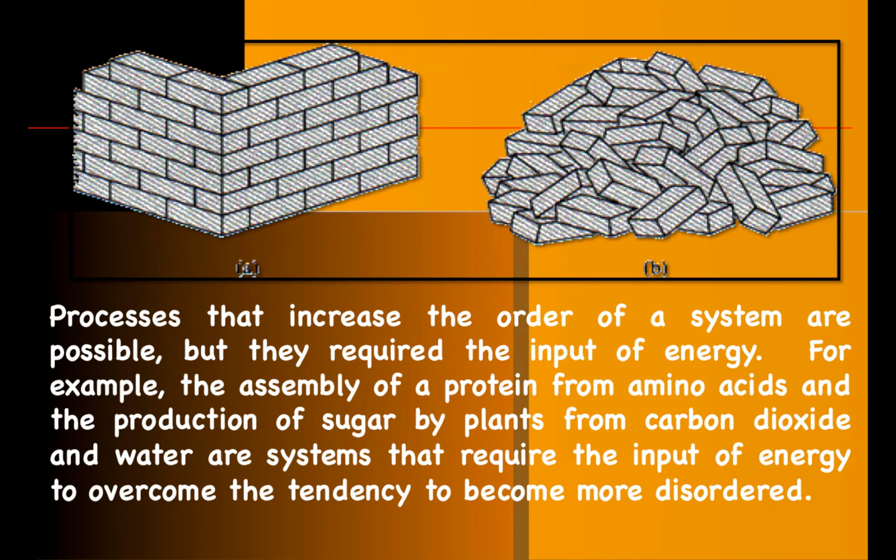Processes that increase the order of a system are possible, but they require the input of energy. For example, the assembly of a protein from amino acids and the production of sugar by plants from carbon dioxide and water are systems that require the input of energy to overcome the tendency to become more disordered.